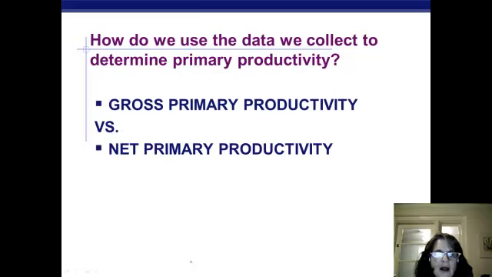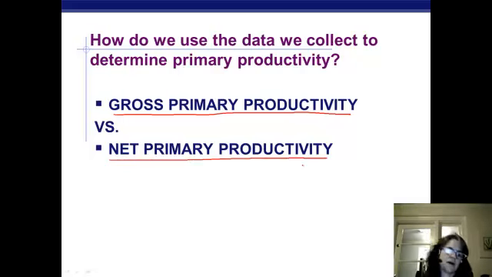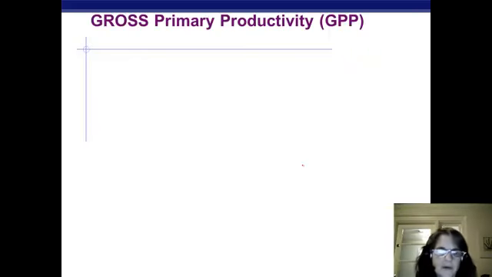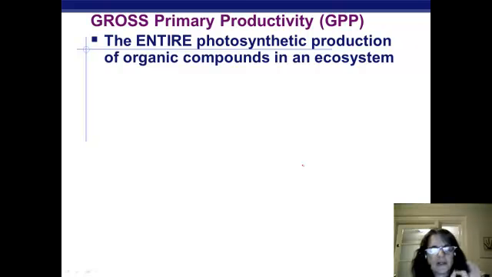Now, there are two ways to analyze the data that we collect. We can determine the gross primary productivity of our bottles, and we can determine the net primary productivity of our bottles, or our ecosystem, if you will. Okay? Gross primary productivity. You should at least understand what this is.